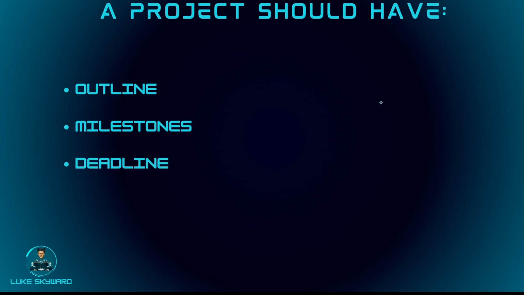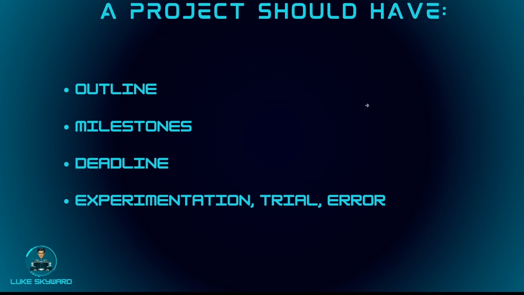We need a real-world deadline that forces you to act, or else your ego will take a hit because you won't complete what you set out to do. We also need experimentation, trial and error, so you can learn from your failures in the future. That means we need something to iterate on.